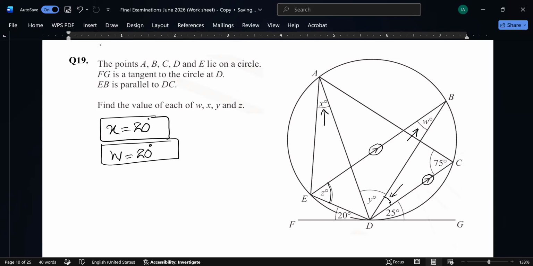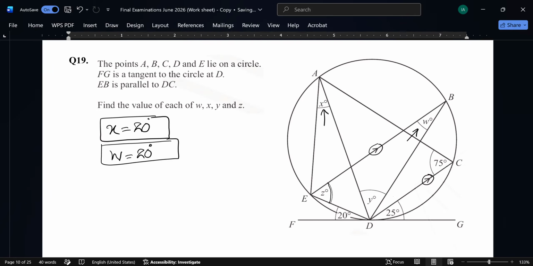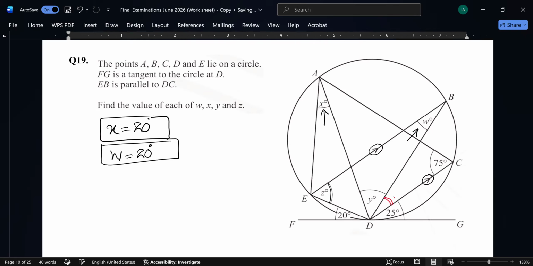The alternate angles mean this is a 20 degree angle, right? This is 20 degrees. So this angle is 20 degrees. But I'm looking for the value of y.